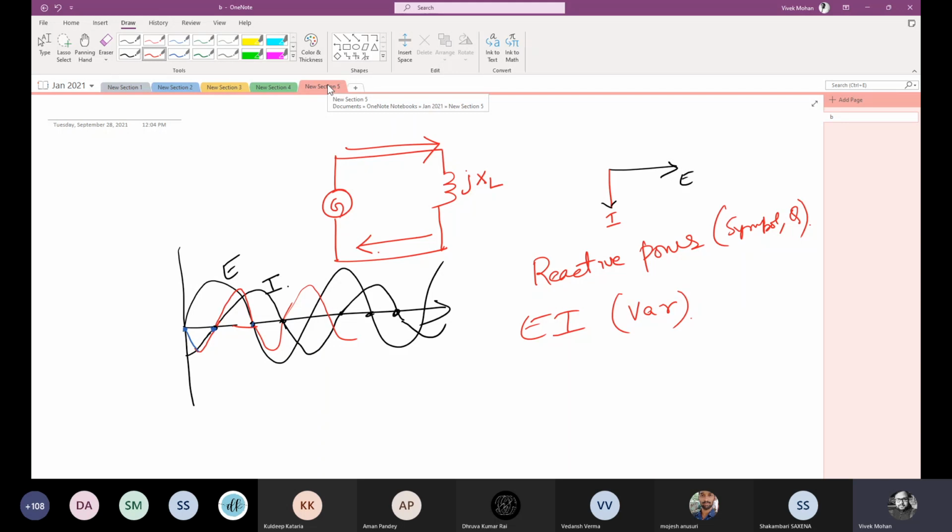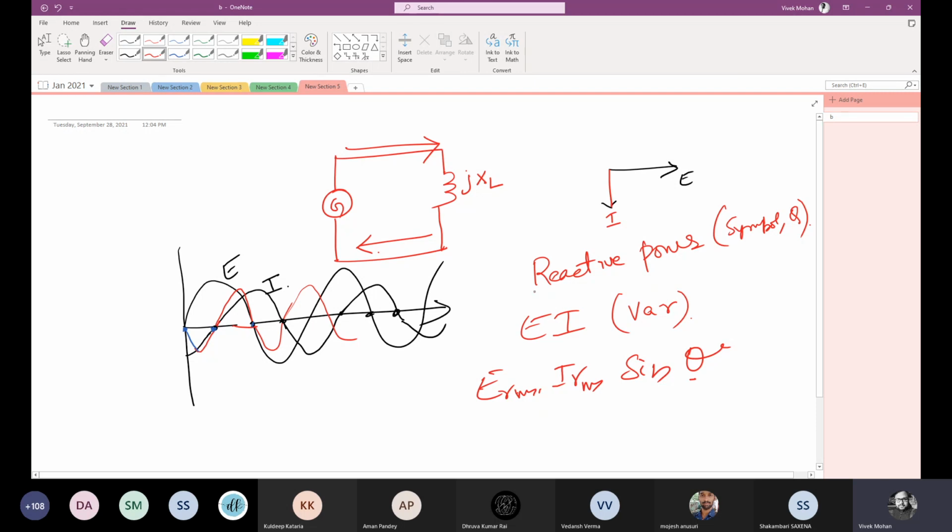I don't want active power. Then what should be the calculation? A var meter registers the product of effective line voltage times the effective line current, or ERMS into IRMS times sine theta, where theta is the phase angle between E and I.